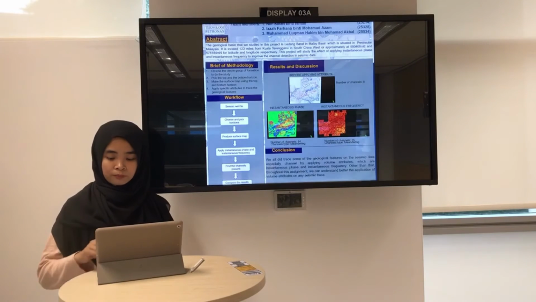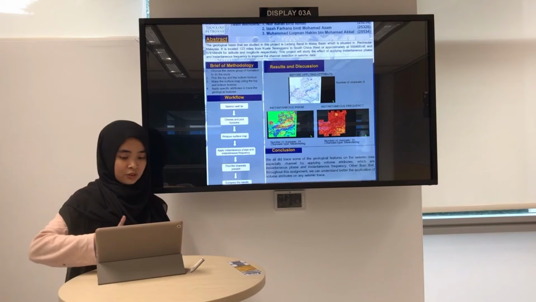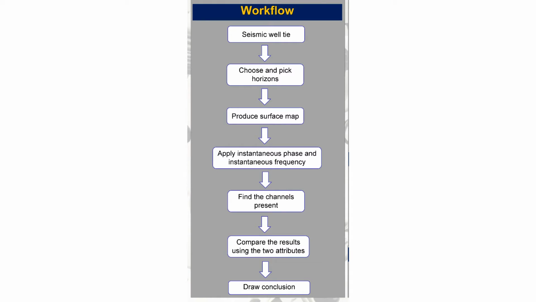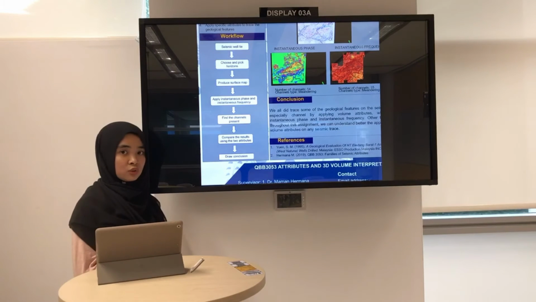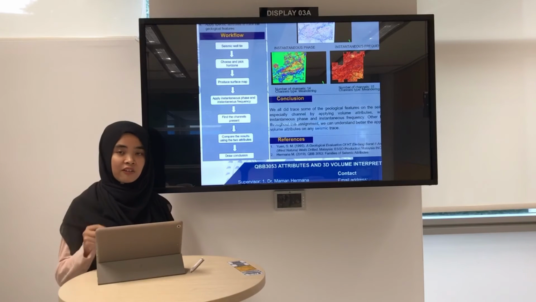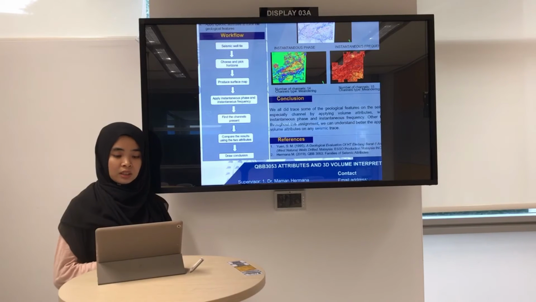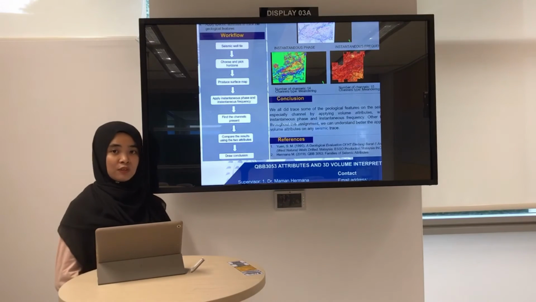The workflow is presented in this flow chart, as you can see here. For the first step, we need to do a seismic well tie, and then we can choose and pick horizons in the area that we are interested in, where in this project we choose group B. After all the horizons have been picked, we produce a surface map, and then we continue with applying the attributes, instantaneous phase and instantaneous frequency.